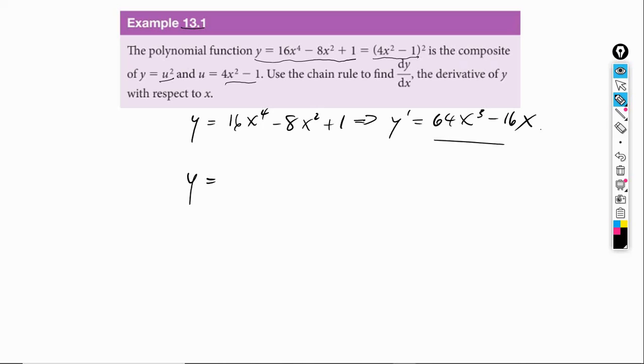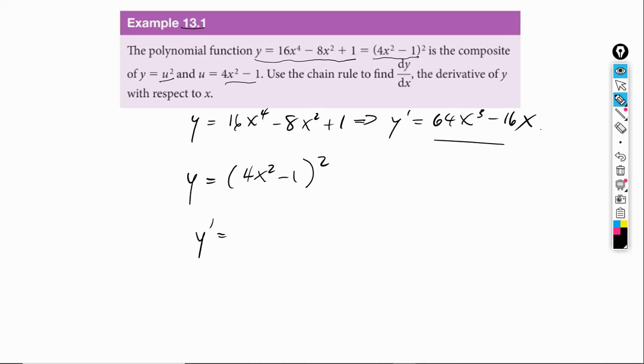Notice that if we write this polynomial as a perfect square, in this case 4x squared minus 1 squared, then we're going to use the chain rule to show you that we can get the same result as before. So it says the derivative of a composite function will be the derivative of the outside first without changing or affecting the inside function, right? So this would be just using the power rule.